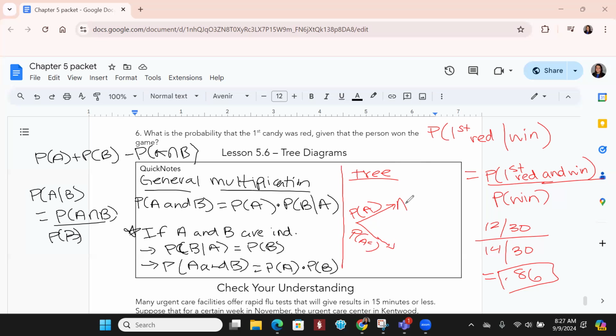That's going to turn into the probability of B given A and the probability of C given A.